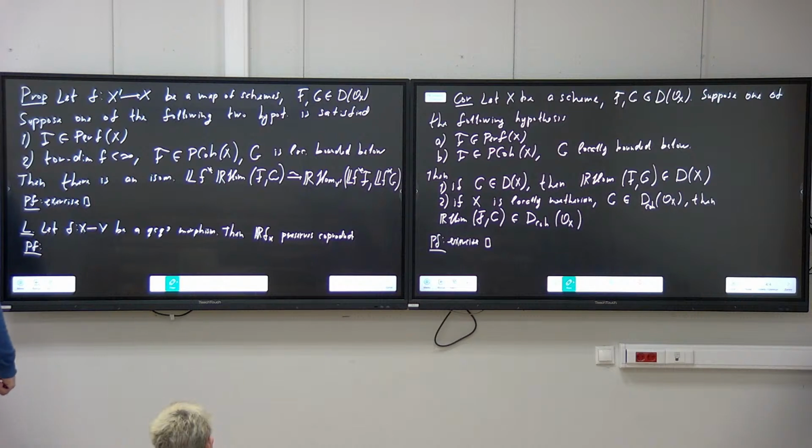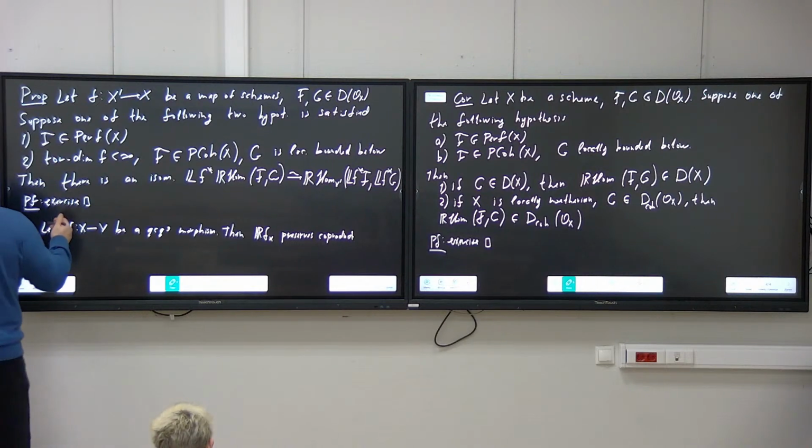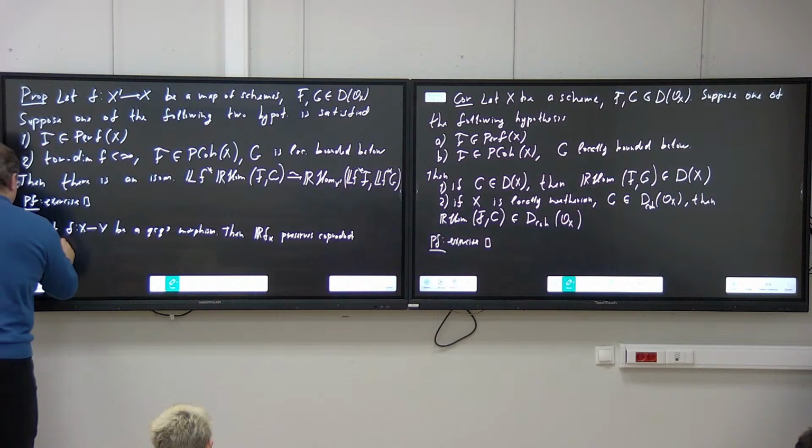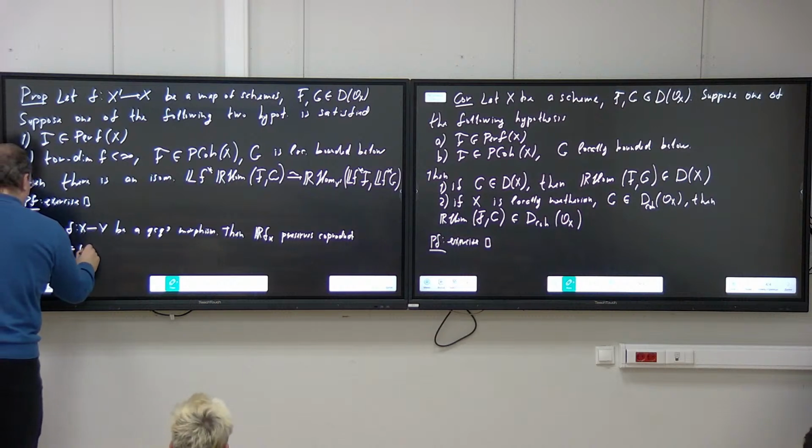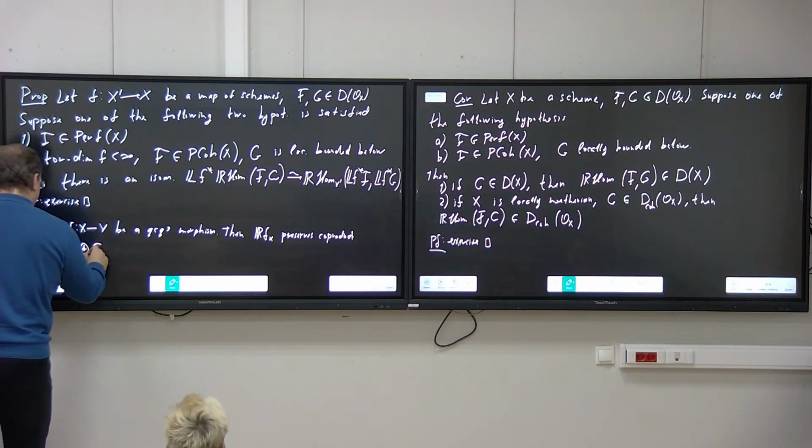Well, the proof that I'm going to do is not really a complete proof. I want to derive the statement in this generality from the statement about the product, or just sheaves. And I assume that we know this property for sheaves, not for complexes, from the course of algebraic geometry. Okay, so let me fix some coproduct. So let me write E, this is the direct sum of the E_i's.